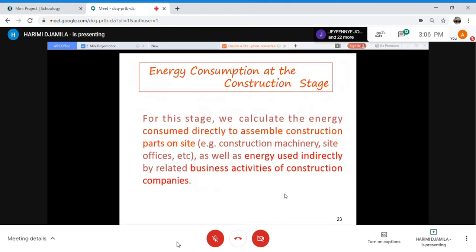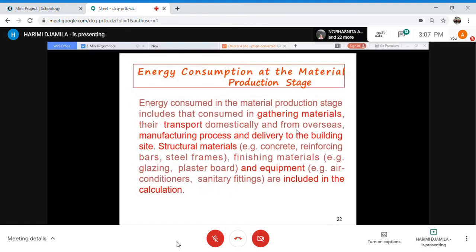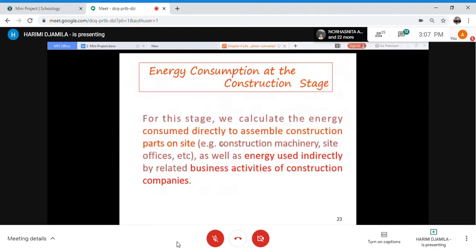So at the construction stage, of course, there will certainly be machinery, or a lot of machinery, the site office, etc. For me, the site office is different. The design stage is the consultant, the one who does the job in the office. The other one does the job at the location, at the site.